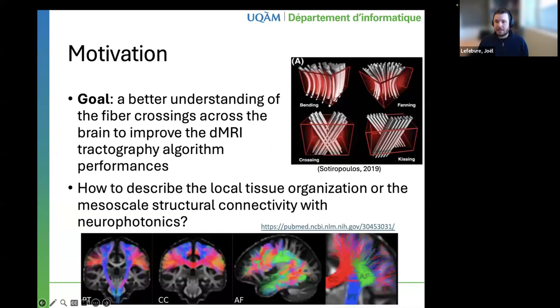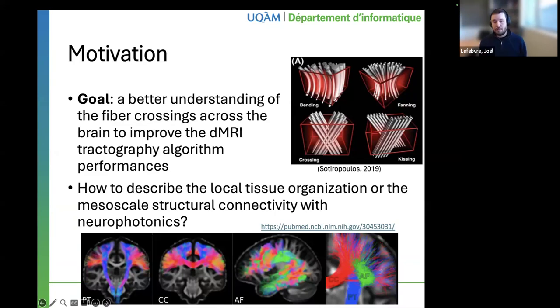Just to begin, I'll explain the motivation behind my work. The main goal of the research we do in my lab is to better understand the fiber crossings across the brain to improve diffusion MRI tractography algorithm performances. To do that, we want to go to specific areas in the brain and image different fiber crossing topologies like bending, fanning, crossing fibers, kissing fibers, and other kinds of geometry.